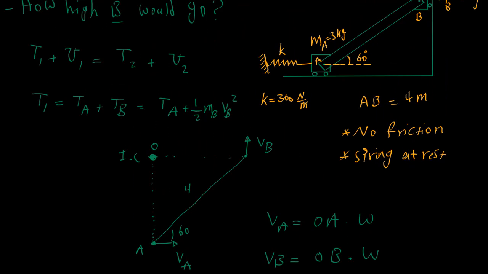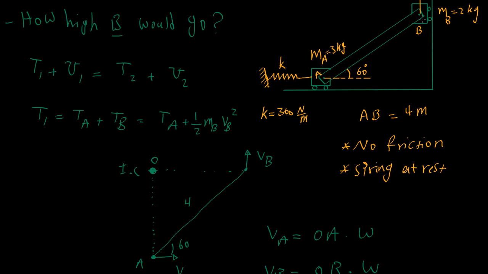But what is OA over OB? This is basically OA, which is equal to this distance, over OB, which is this distance. So that's 1 over tangent of the 60 degree angle that we have here. Or I can write this side as 4 sine 60, and this side would be 4 cosine 60.